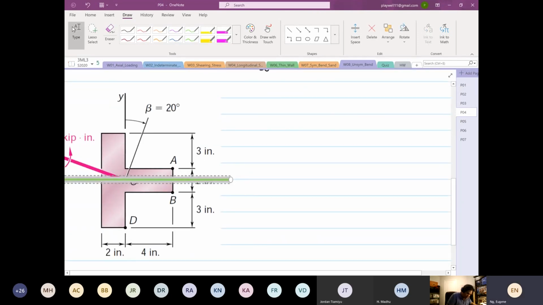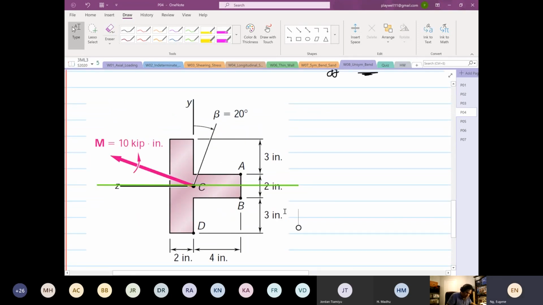Now, question for you guys. Right, so that's our ZZ axis. Now, if you look at the ZZ axis, based on geometry, is the top equal to the bottom? Looks like it. Yeah, it's the same, right?